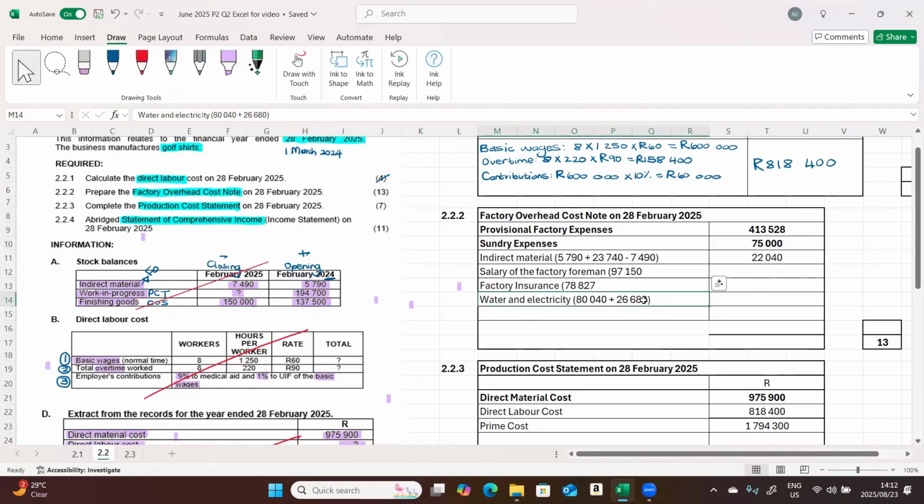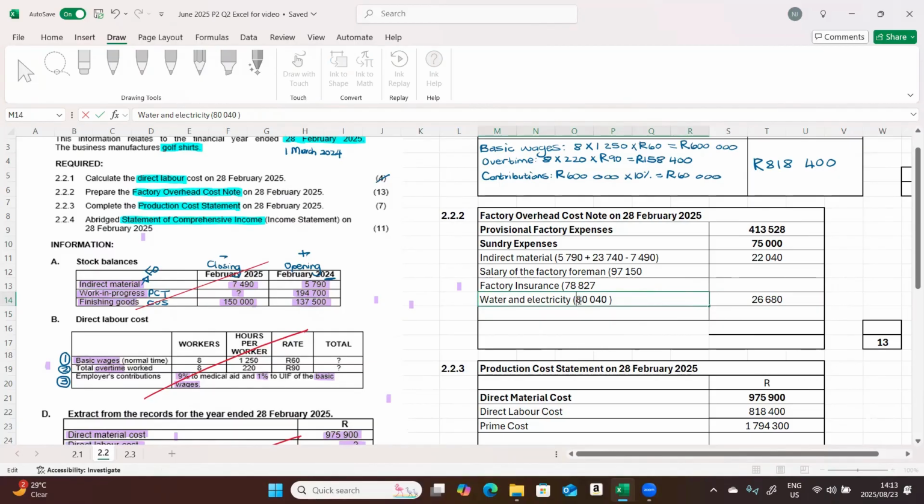It should be in this calculation over here. We should actually take the answer over here should be the 26,680, right? Because we had to increase the water and electricity from the 80,040, which is already in there, to the 106,720. So that is why we only add the additional 26,680, okay? So this calculation will then look like this.